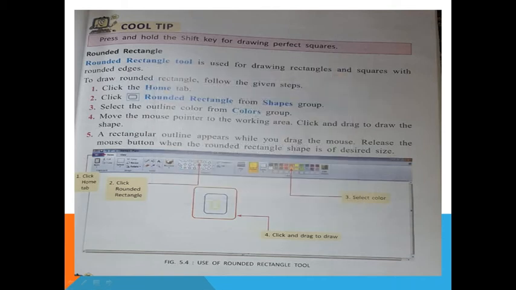Just for practice you also do this work. The sharp edges are sharp and this one is rounded, so it is called the use of the rounded rectangle tool. The process is the same for rectangle, square and rounded rectangle. Okay dear all, if you have any doubt, please come to the online classes and ask me.